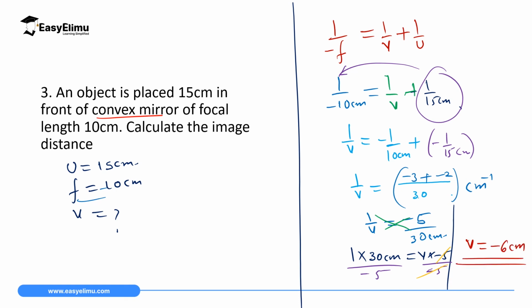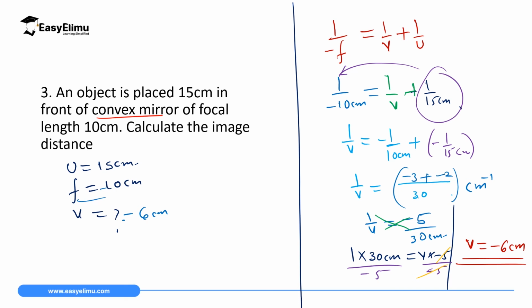So what you can see here, V is automatically a negative because we said all images formed by convex mirrors are behind the mirror. So this negative tells us that the image is formed behind the mirror, and that is true according to what we know from a convex mirror. Another thing that I want you to note, this is -6 centimeter. This negative means the image is virtual or is behind the mirror.